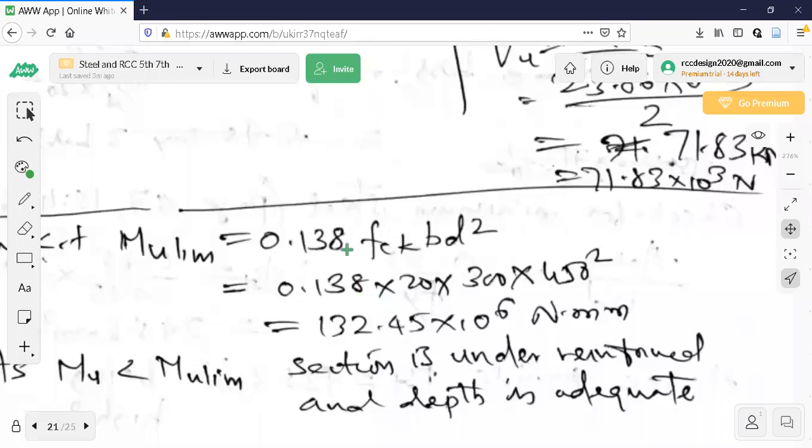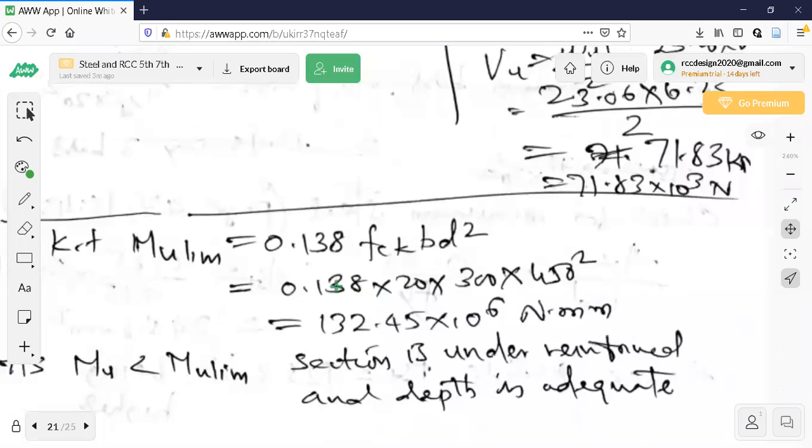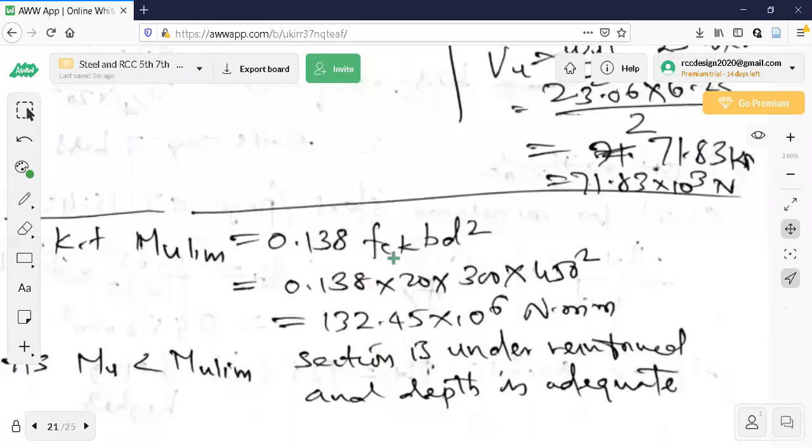You have to substitute XU limit by D in the MU formula, which is there in the code book. Wherever XU limit by D is there, you put that ratio 0.46 or 0.48, and you will get this formula. Practice it, otherwise remember this formula for limiting moment of resistance.